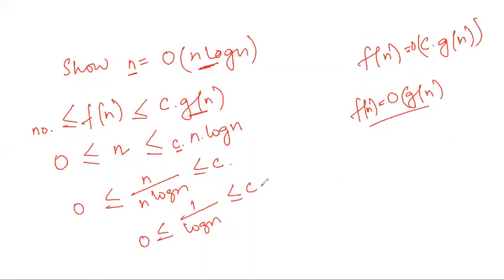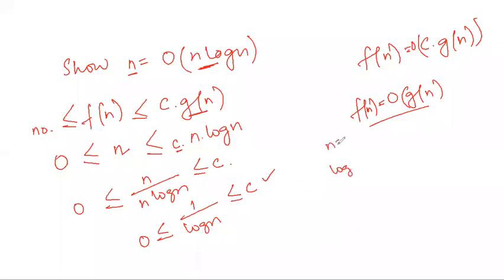Now we need to find a value of c, because we need to find the constant value, n0 values, all these values we need to find. So now we will go on by putting first n equal to 1, 2. I need to find out these log n values.